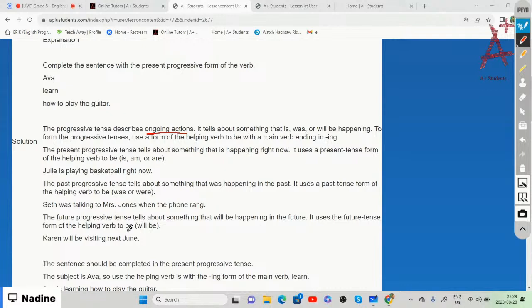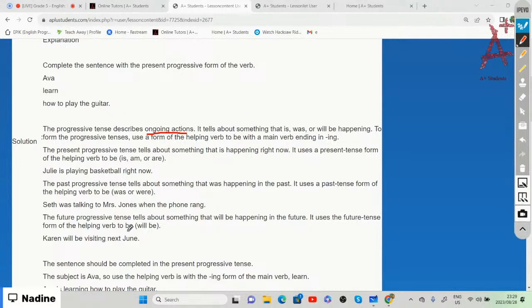I remember we said that was is mainly used in a singular form, one person doing the action, and were is when it's a plural form, where more than one person is doing the action, right? So in this case, Seth was talking to Mrs. Jones when the phone rang. So Seth is alone, one person, which means that we're going to use was, because it shows a singular form. And that is in the past progressive tense.